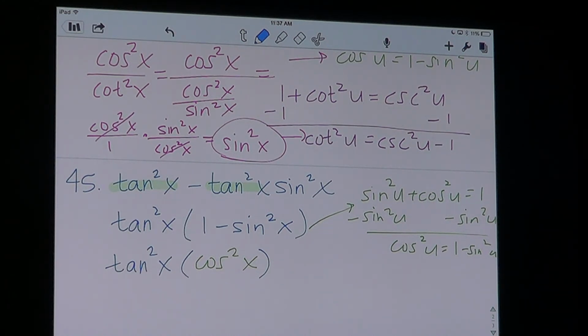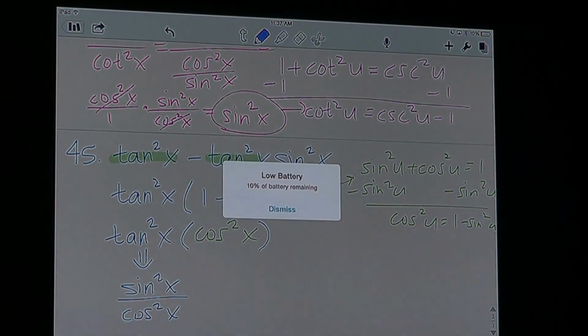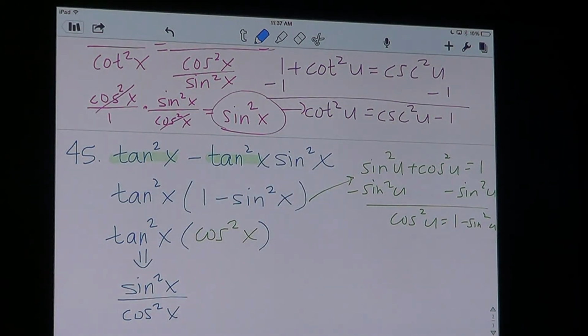So how would we simplify the tangent squared x? Cosine squared x over sine squared x. Opposite. Tangent is sine over cosine. That's what I wrote down, I just said it backwards. It's fine. That's the important part.